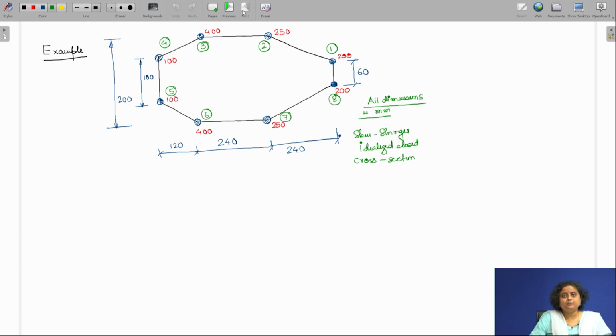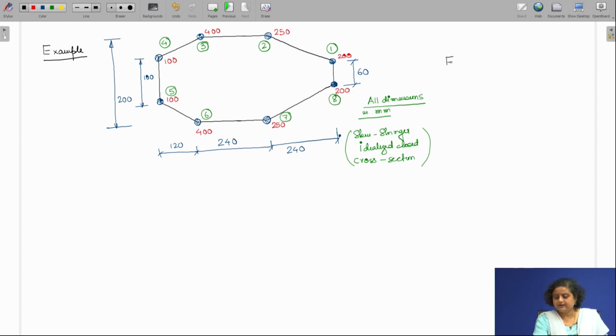The same process has to be applied in a skin stringer idealized cross section as well. There would be no difference in the process of finding the shear flow in a closed cross section beam. The only thing that would be different is that because the shear flows are going to be constant in each of these portions, the calculations will become extremely straightforward. So let me write down the problem statement.